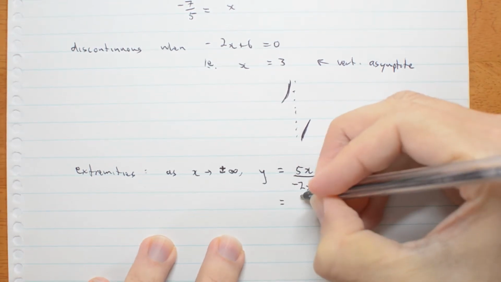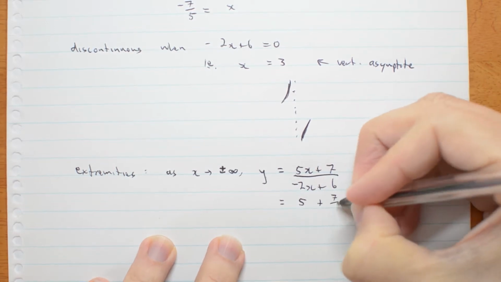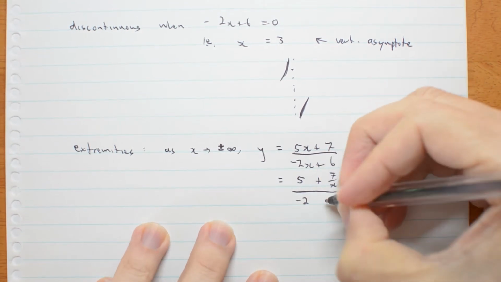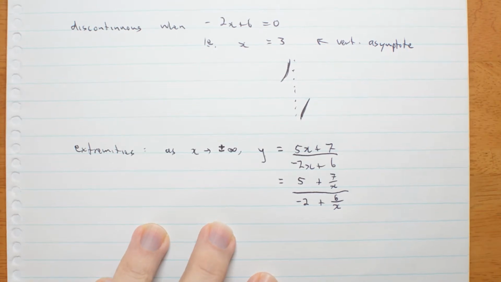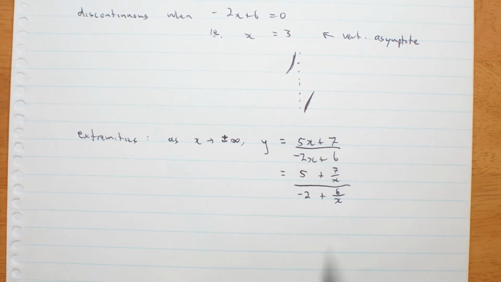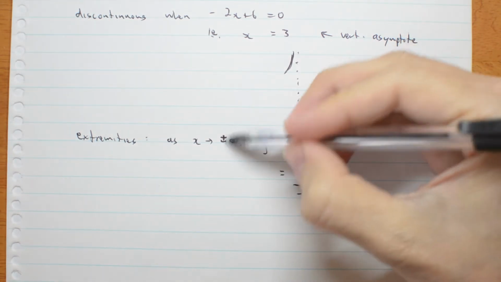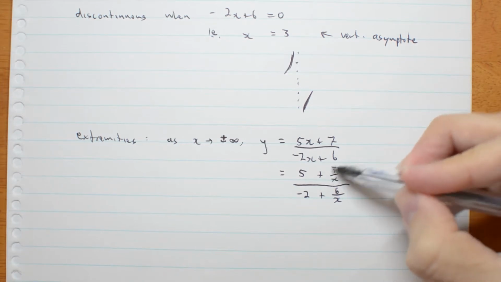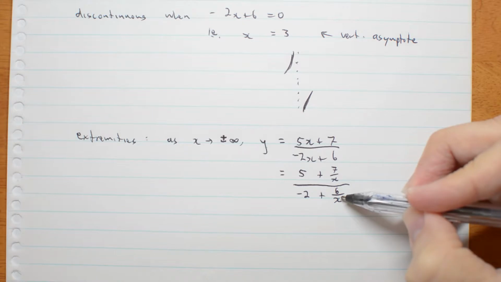Well, if I divide that by x, I've got 5, this is 7 over x, this is negative 2, this is 6 over x. Now, why did I do that? Because as x approaches plus or minus infinity, x is very, very large. So this becomes basically 0, and this becomes basically 0.